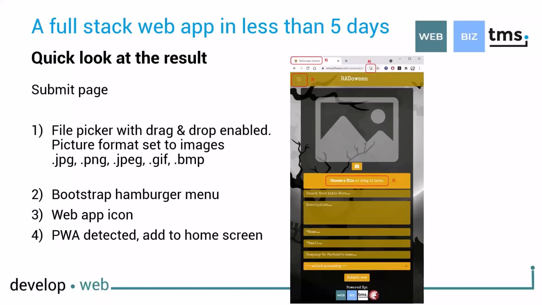It was desirable, of course, that the application could run from a mobile device as well as from a desktop device, so that immediately brings in the importance of using a responsive design, a design that adapts to the screen size. And as you can see here, this implies that on a mobile device there is a hamburger menu, because there is not sufficient space to put all the items immediately visible in the header.